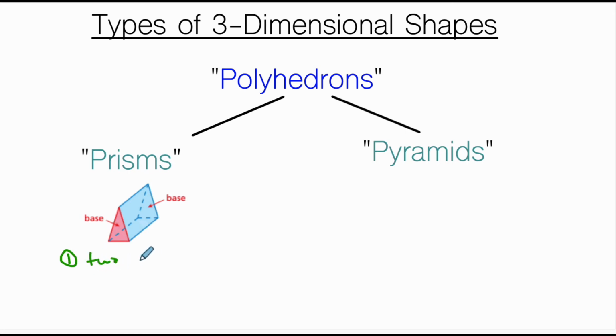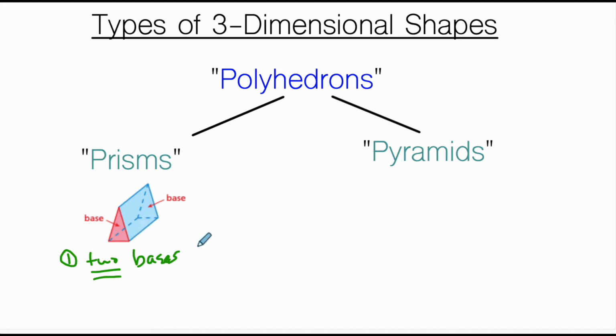two bases. The key here is two. Prisms have two bases. And how do you know what is the base in a prism? It's not the side that it's sitting on, because then you would think it's this large rectangle on the bottom. That's not the base.